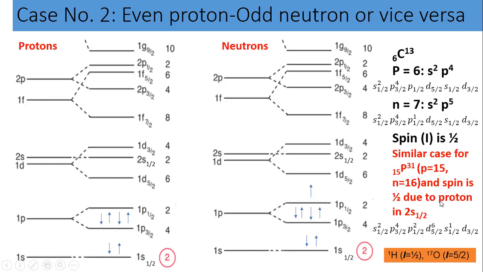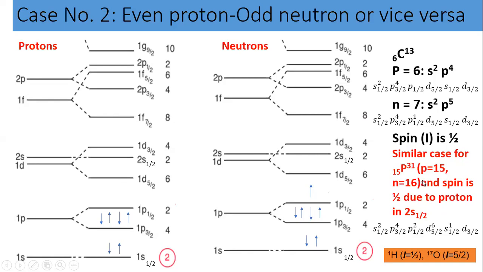Because the protons are 15 and the neutrons are 16, all neutrons are filled up, that means paired, and the nuclear spin will be due to the protons, because the number of protons is unpaired.